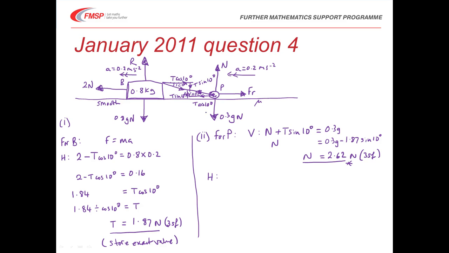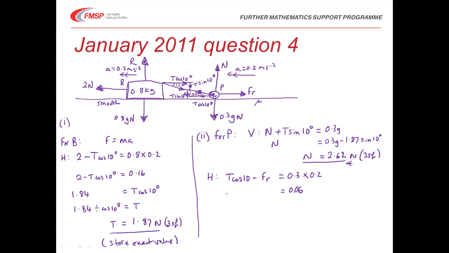Towards the left we have the component of the tension that's pulling it along, T cos 10, minus the friction. And that's equal to the mass of 0.3 times the acceleration 0.2. So that right hand side is exactly 0.06.